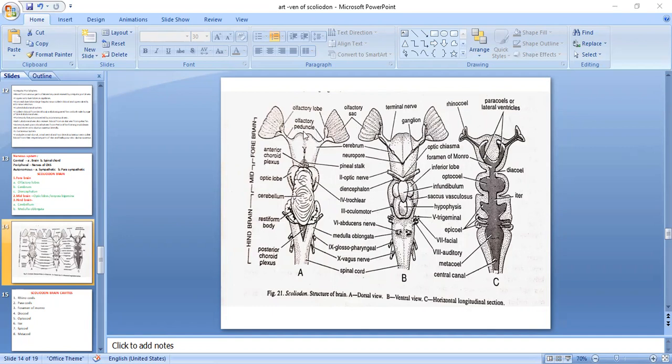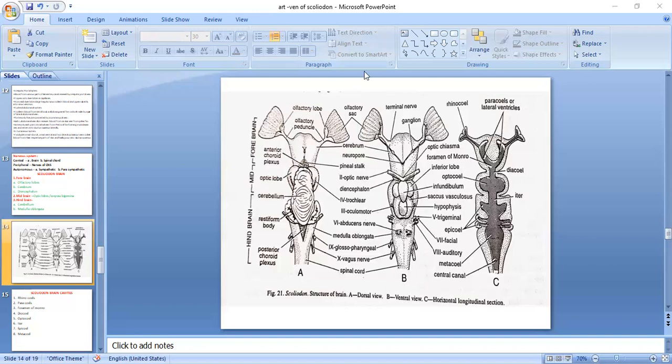And this is the major part of the brain. This is the dorsal view, this is the ventral view. This is called the cerebrum. There is no clear groove, unlike other vertebrates, that divides the cerebrum into two cerebral hemispheres.